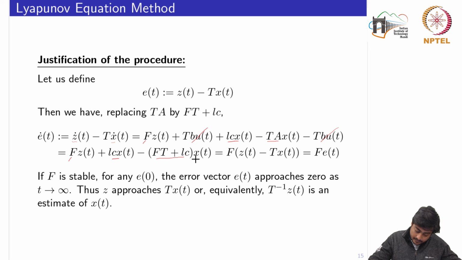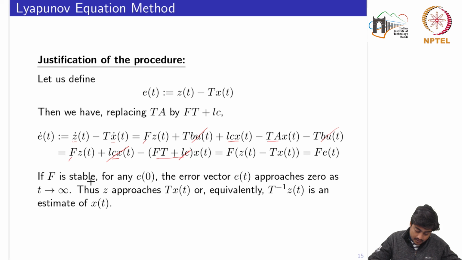Now you would see that the term LCx gets cancelled, and the remaining part is Fz minus FTx, which is nothing but F times e, which we defined earlier, z minus Tx. In the design procedure itself we have ensured that F is a stability matrix.